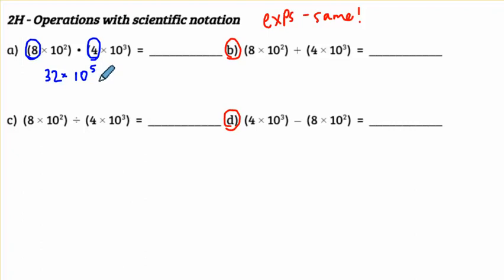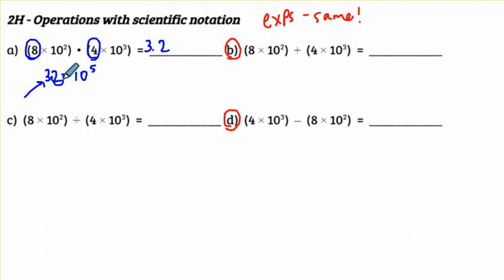The only problem with it is it's not in scientific notation because remember, this first number has to be between 1 and 10. And right now it's not. It's 32. So what do we need to do? We need to move the decimal so that it is between 1 and 10. So instead of 32, we're going to make it 3.2.